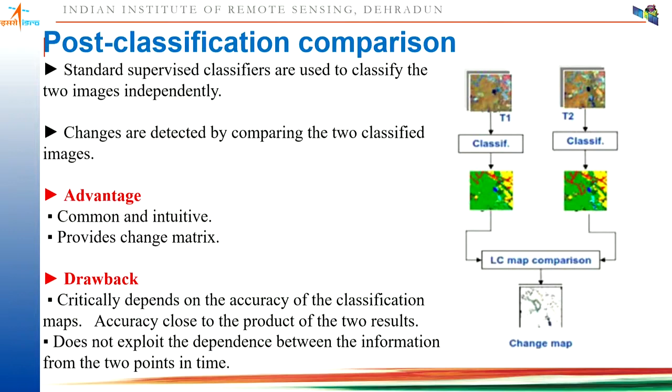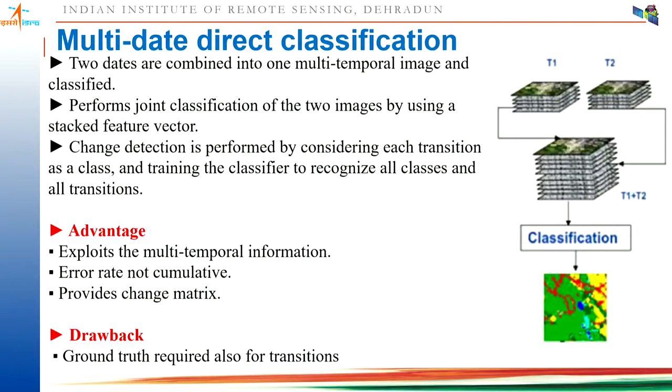Post classification, I have already told you. Multi-date direct classification is that instead of classifying everything separately, we stack everything into one single image, and that image we classify into the new classes.